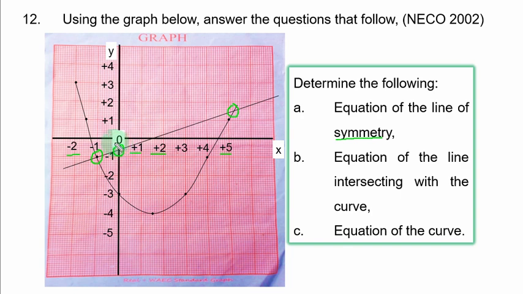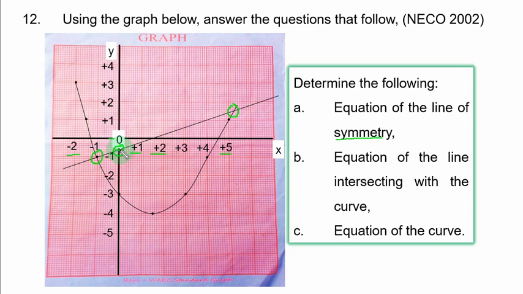If you count from the origin to that point there, you have 6 lines, and that is -0.1, -0.6, yes, -0.6. Once you fit this into the equation, you get the answer.